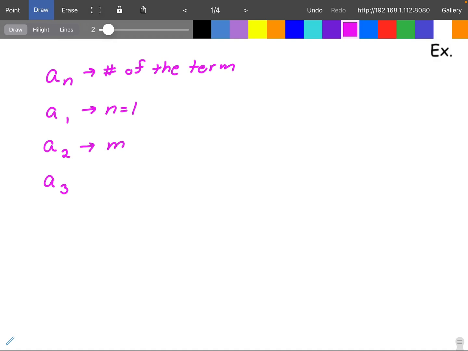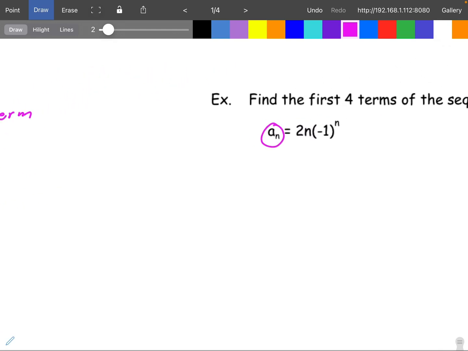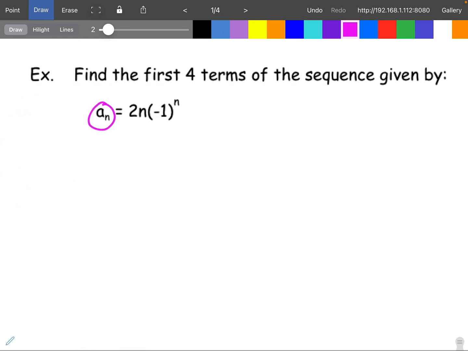For the second term in our formula, n would equal 2. And for the third term in your formula, n would equal 3. So this little number down here is the value of n. That a sub 1 tells you which term you're looking for and what your value of n would be in the formula. So it's really important that we understand that.